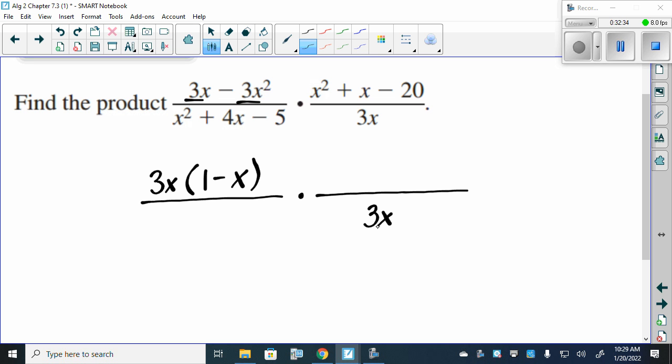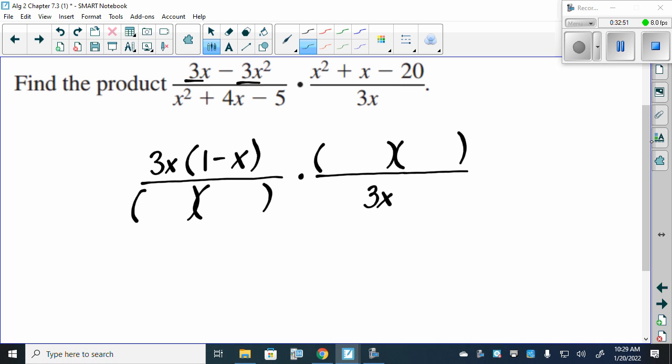Now, which one do we want to factor next? X squared plus 4x minus 5. Because it really doesn't matter which one we factor first. We're going to have to factor both of them anyways. Now, since the 5 is negative, our signs are opposite.